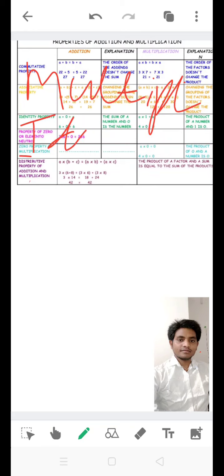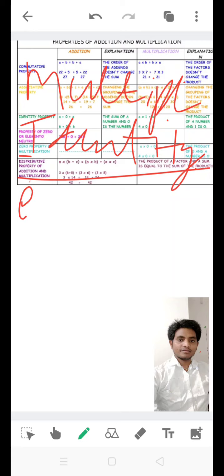When we multiply any natural number with 1, then A into 1 equal to A. This is the multiplicative identity.